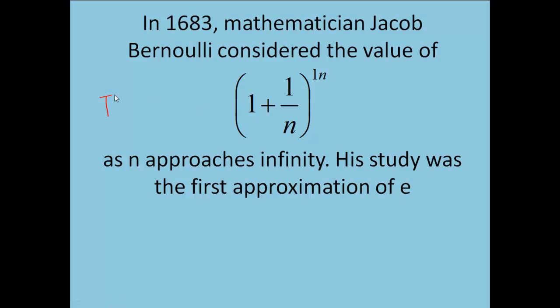If you think about our formula, we had total equals p times 1 plus r over n raised to the nt. He was interested in this portion of it, and he wanted to know, what does that value approach as n approaches infinity? Well, this was the first approximation of the value e.